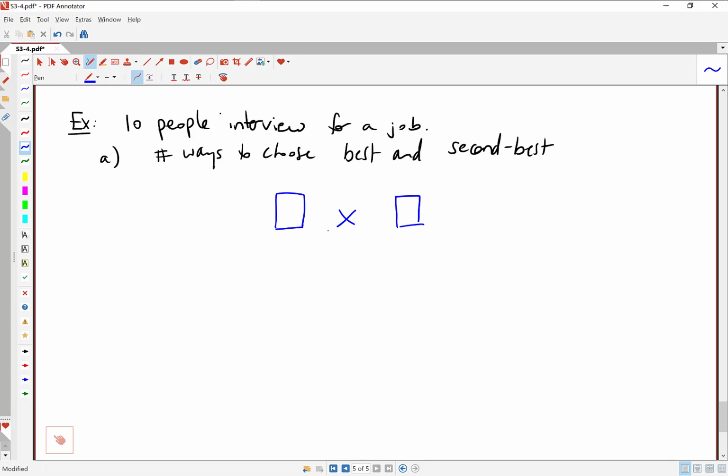The word "and" is prompting us to multiply. And specifically what we're going to put in this box here is the number of choices for the best candidate, so whoever is ranked first, and then the number of choices for the second best. So if 10 people interview for a job, then in theory there are 10 options for who could be ranked best.